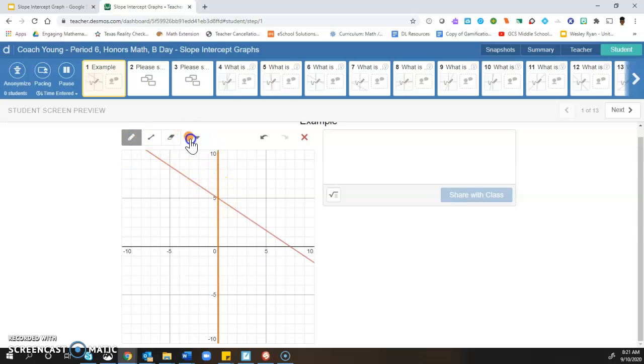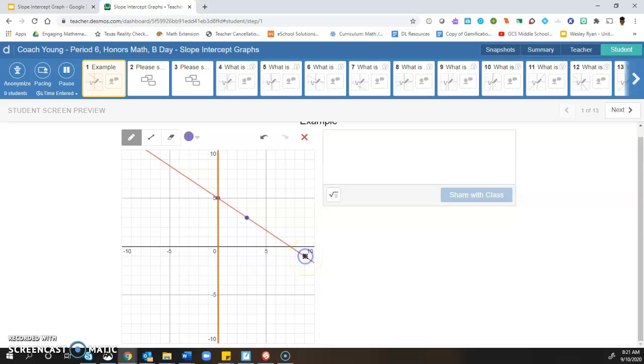My line crosses the y-axis at 5. So I'm going to change my color and make a point. Then I'm going to find another point that crosses exactly at an x and exactly at a y.